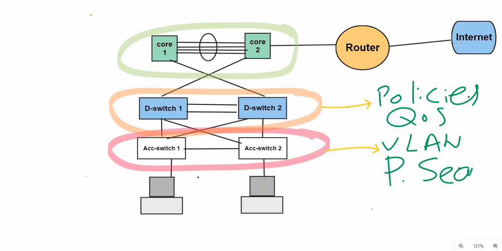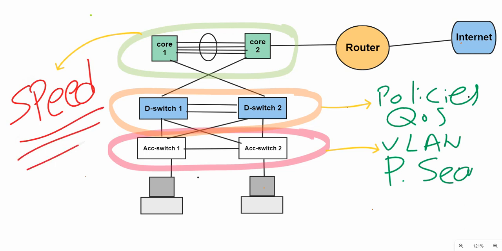And lastly but not least, we have the core layer. The most important function of the core layer is going to be the speed for the network. Okay, that's the most important thing.